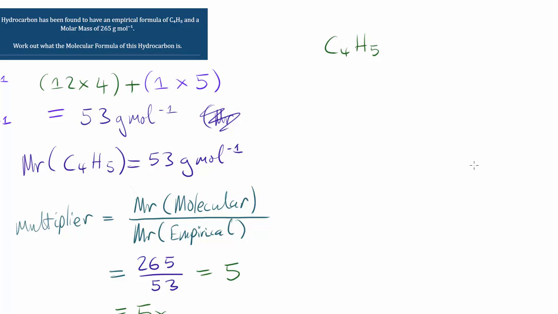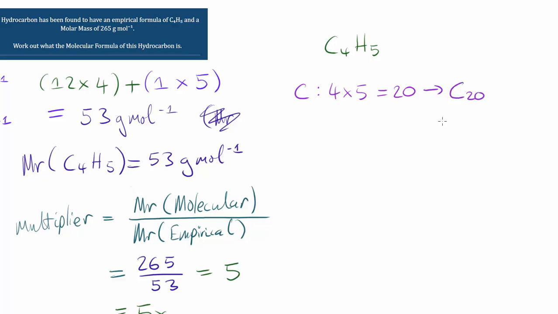So for the carbon, 4 times the multiplier 5 is going to be equal to 20. Therefore, in the case of the molecular formula, using this scale up factor, the 5x multiplier, we get C20.